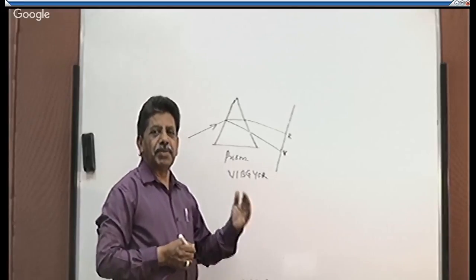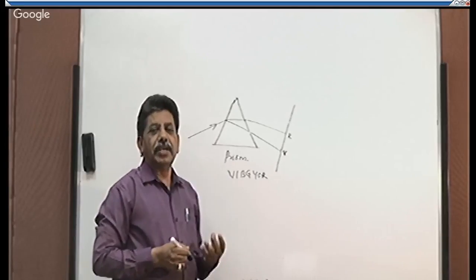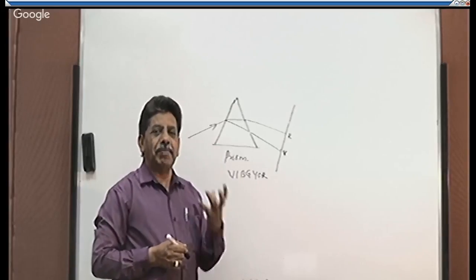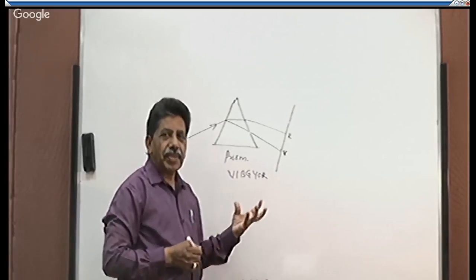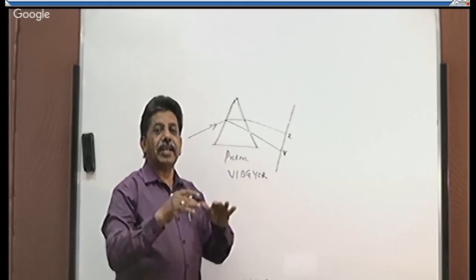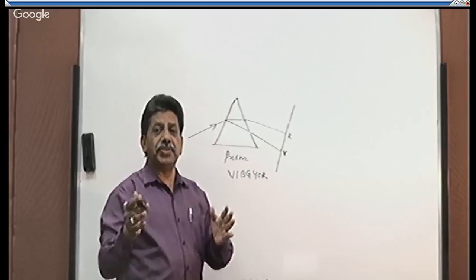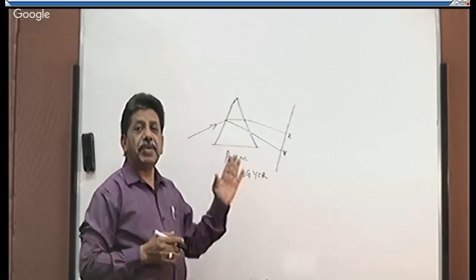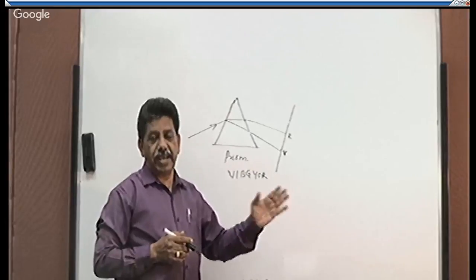What do you mean by invisible radiation? It is not visible to our eyes. In other words, our eyes have a limitation to see some of the radiations, and other radiations we are unable to see, our eyes cannot detect them. And we call them invisible radiation.